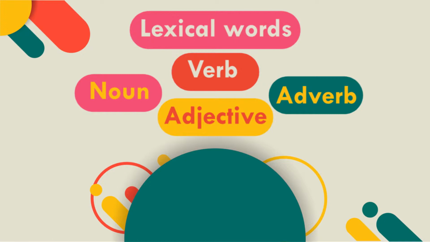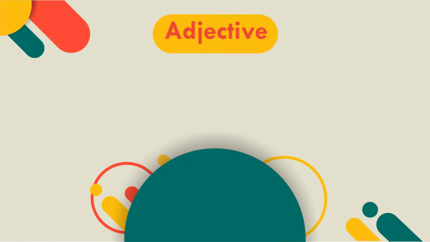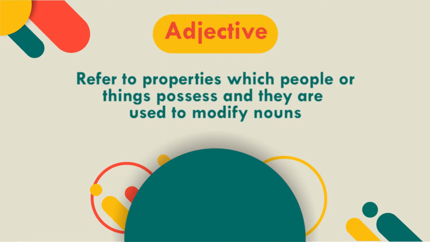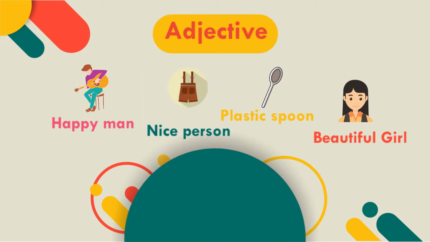Now, let's jump to the adjective. Adjectives refer to properties which people or things possess and they are used to modify nouns. The examples of adjectives are happy man, nice person, plastic spoon, beautiful girl, etc.